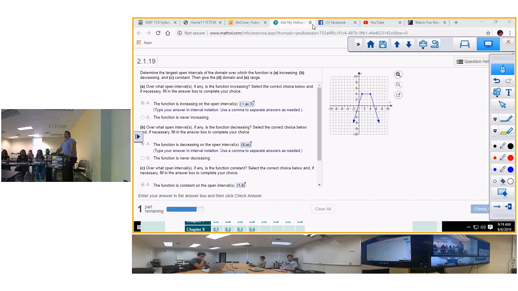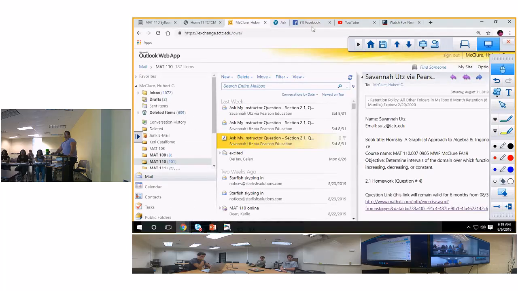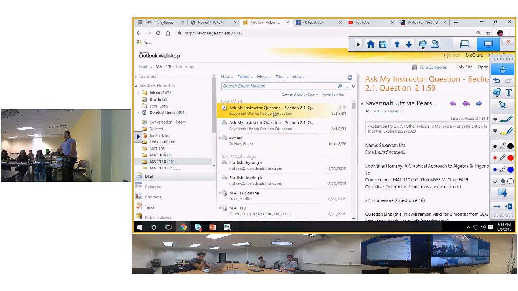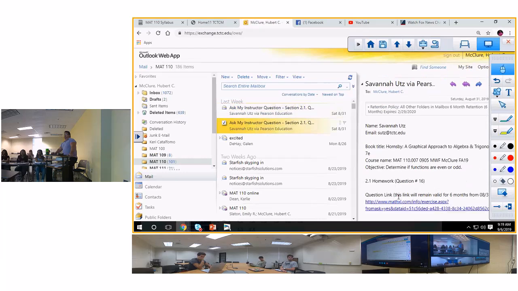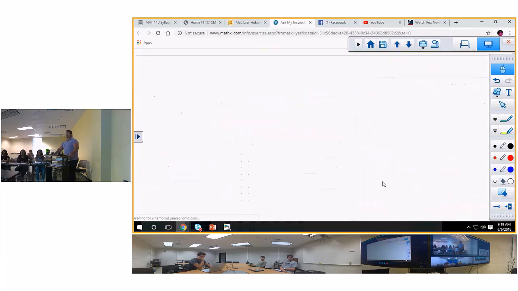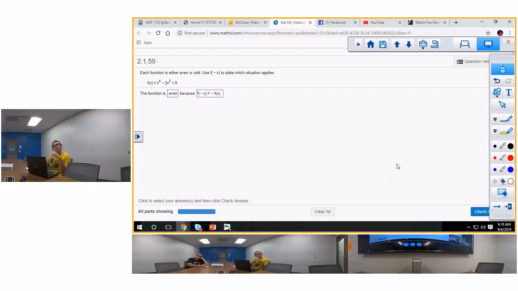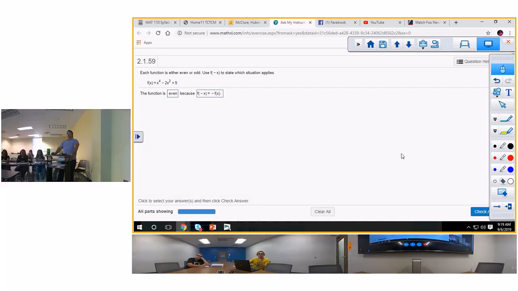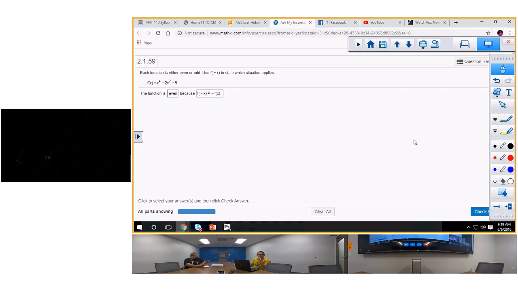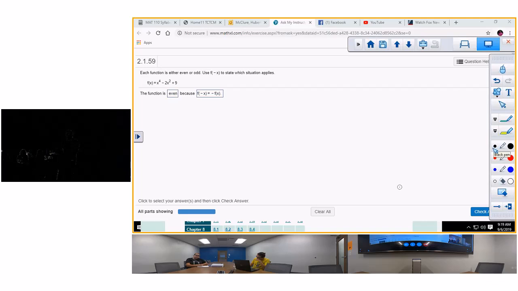Next question, and that's number 16. I got 2 of the same one, so evidently they must have hit the button twice or something. This is a test question. It says find whether the function is even or odd. Now remember, what are the tests for even or odd?